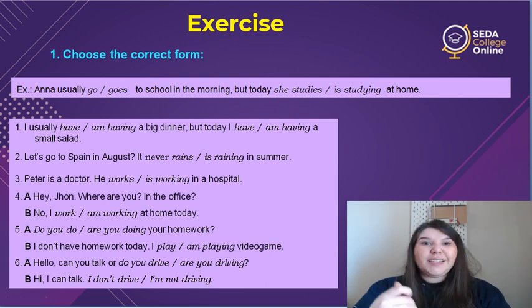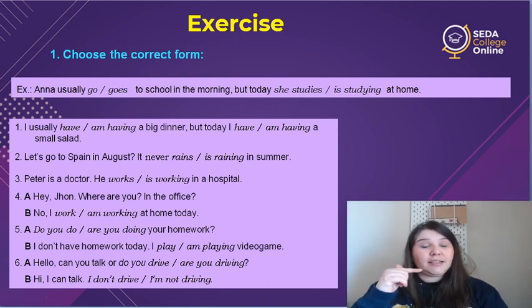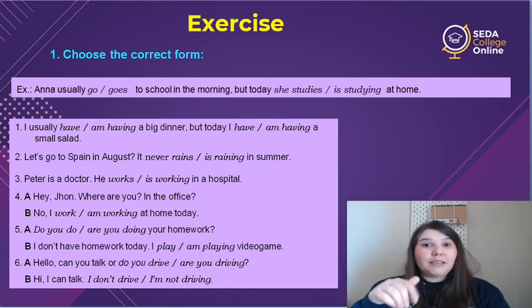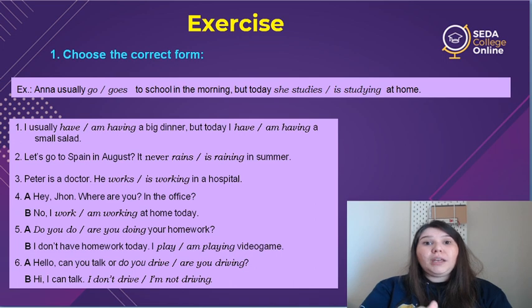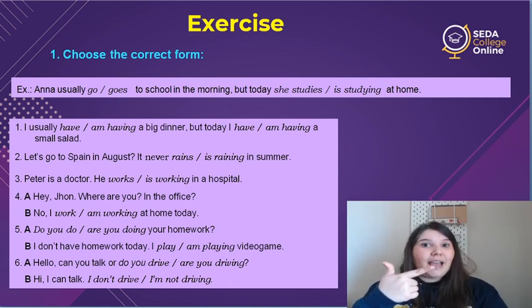So Anna is she, yes? And when I say usually, it's probably a repeated action, is a habit, so it's present simple. And for present simple in the affirmative, we need to add s, es, or ies. So the correct answer is goes.